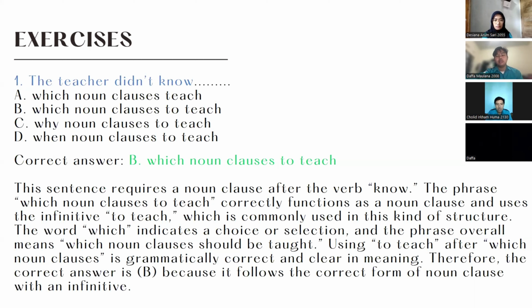The word "which" indicates a choice or selection, and the phrase overall is grammatically correct and clear in meaning. Therefore, the correct answer is B, because it follows the correct form of a noun clause with an infinitive.